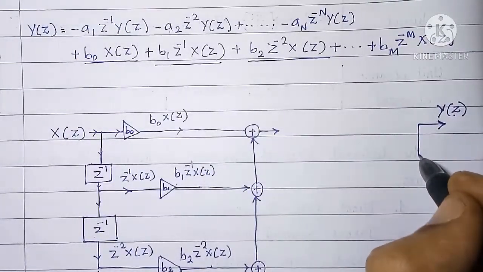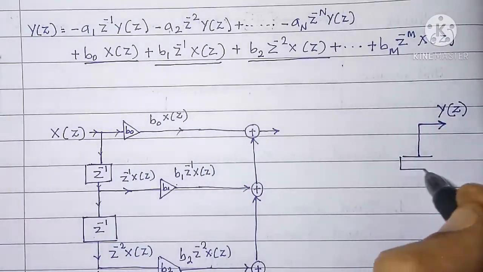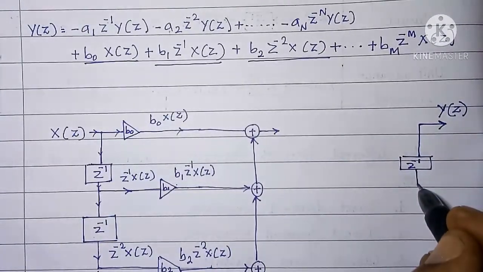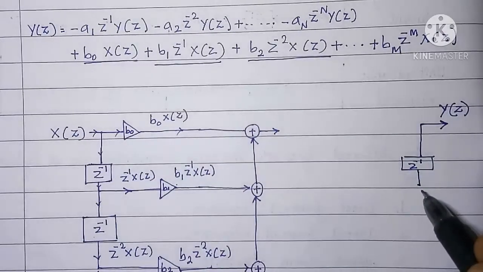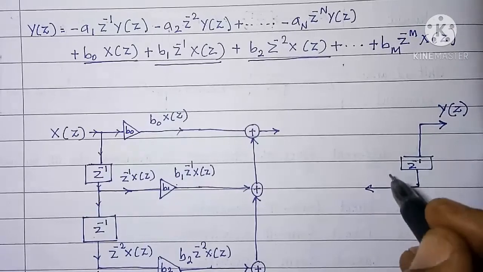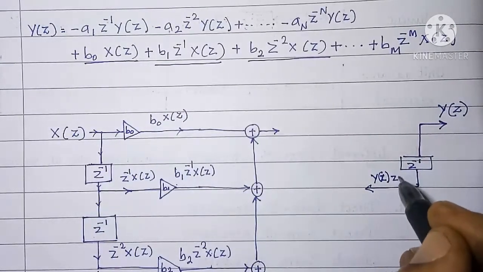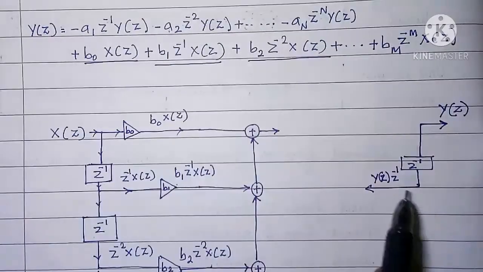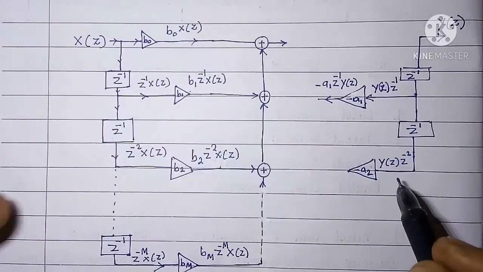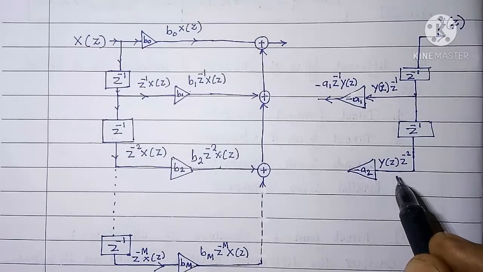So I will make use of one delay box here, that is z raised to minus 1. So here I get y of z into z raised to minus 1, and this should be multiplied with minus a1. So I will show multiplier with constant of minus a2.